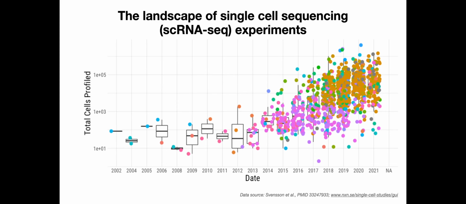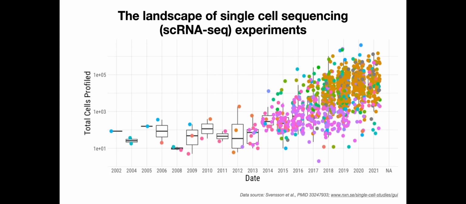And each dot here is a single cell experiment from the literature. And this data, by the way, the source, the publication associated with this data and the actual database where this data was pulled from is referenced here at the bottom of the slide. But one thing I hope you can see is just the frequency, the sheer number of single-cell RNA-seq experiments in the literature has just exploded.